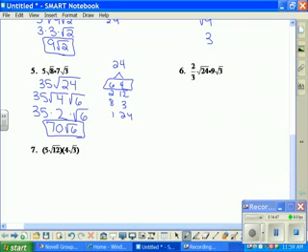How many people got this right? Okay, so number 6. Number 6 is a little bit different, right? It's got a fraction. Who remembers how to put a fraction into their calculator?